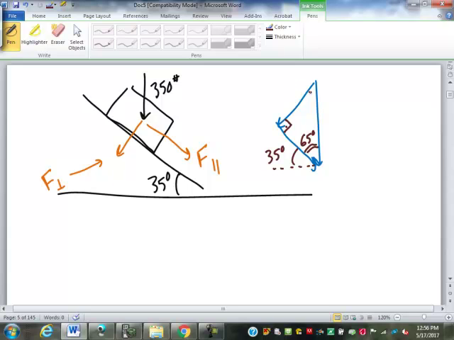So this should be 55, not 65. 90 minus 35 would be 55 degrees. And I know that this is 350 pounds here. So I can find this amount here. That would be the adjacent side, right? So that'd be my 350 pounds times the cosine of 55 degrees.